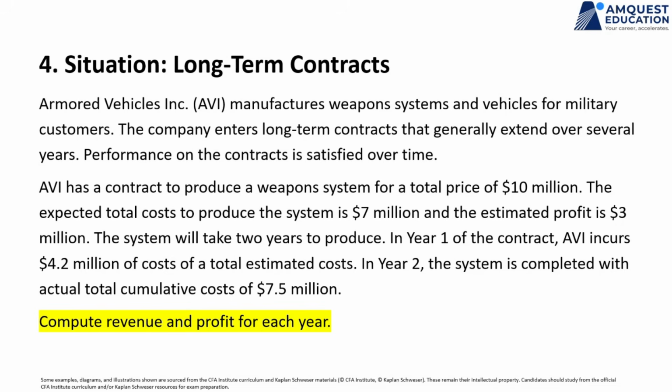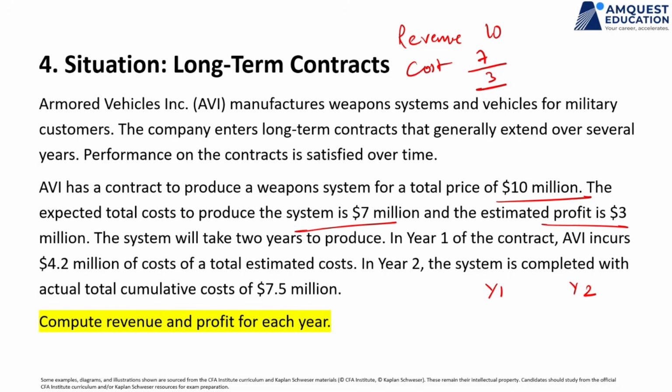So the revenue that we are looking at is $10 million. The expected total cost to produce is $7 million. So revenue is 10, cost is 7, which means the profit is 3. The system will take 2 years to produce. So how will you solve this? You will say 2 years to produce.